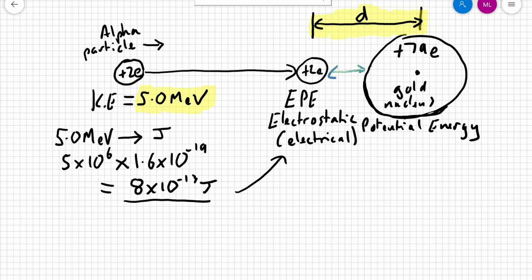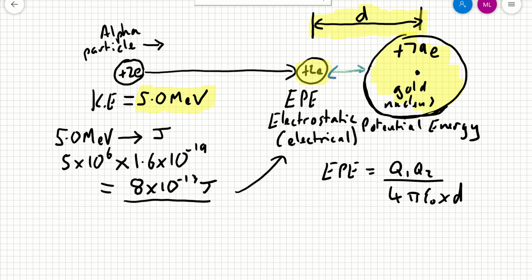It's not a formula you've met yet, but the formula for EPE, the electric potential energy between two charges, between this one and this one, is EPE equals Q1 Q2 divided by 4 pi epsilon naught times r. In this case, we've called that d. r is the distance.